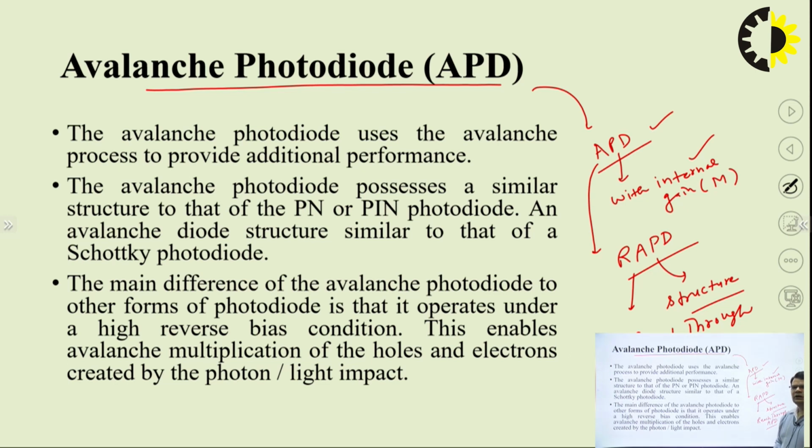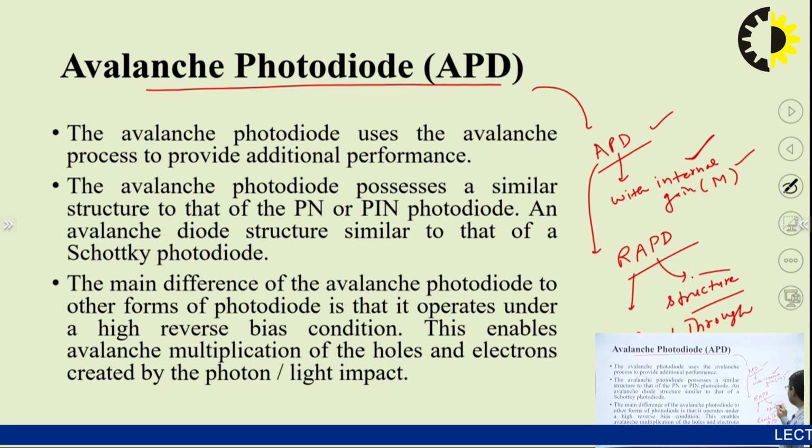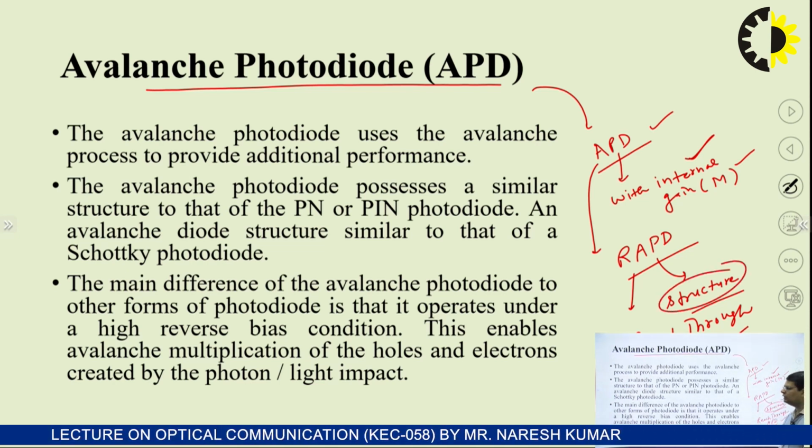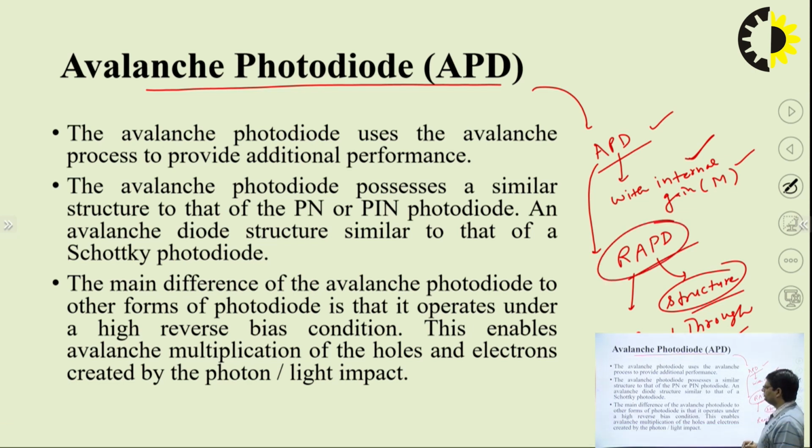That is, in the case of the avalanche photodetector, we get additional photocarriers which result in the internal gain, and to achieve this internal gain, what we require is a special structure known as the reach through structure. That's why this APD is also sometimes known as RAPD.